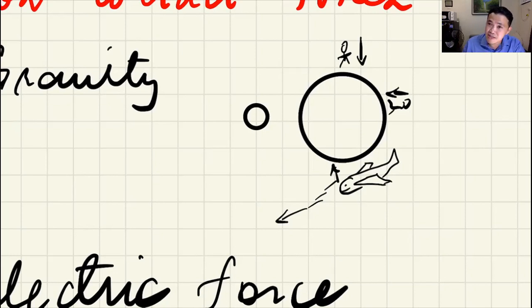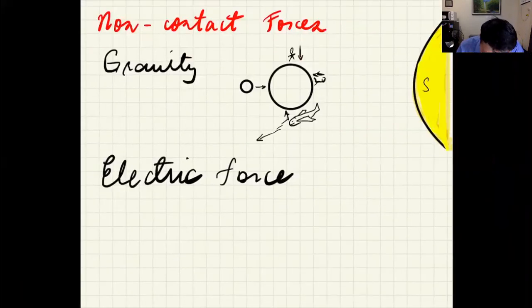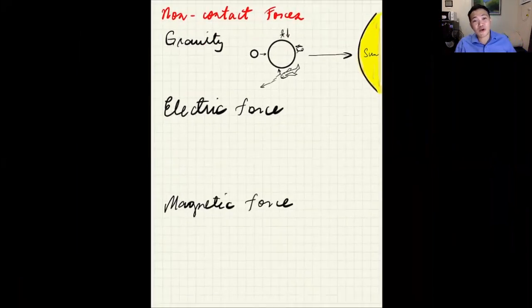And Earth is pretty big as compared to other asteroids or comets. So we can attract the moon. The moon is attracted to us. And the sun is much bigger. So we are attracted towards the sun. There's a pull of gravity. So we are now circling around the sun. So that's a very common example of action at a distance or non-contact forces, gravity.